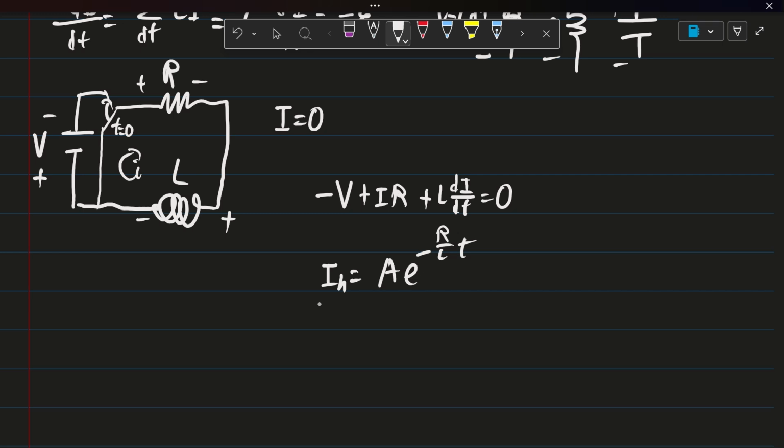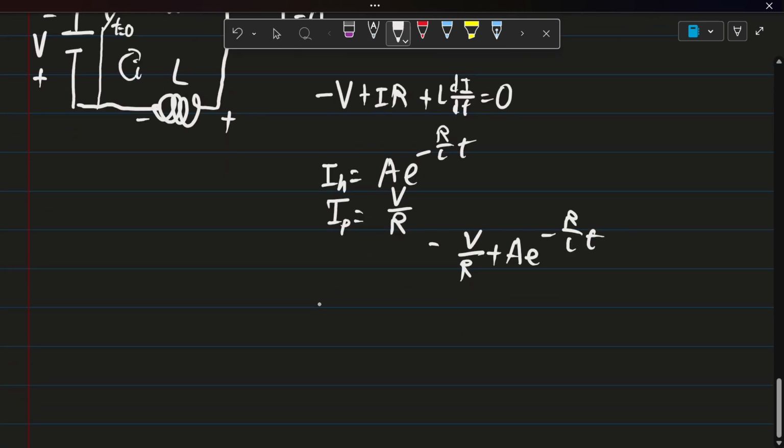Anyways, after we have solved the homogeneous solution of the differential equation, we could find the particular solution. It turns out that one particular solution is that you could just state the current to be V over R. And this works. Combine them all together, you would get V over R plus A e to the power of negative R over L t. This is our current.